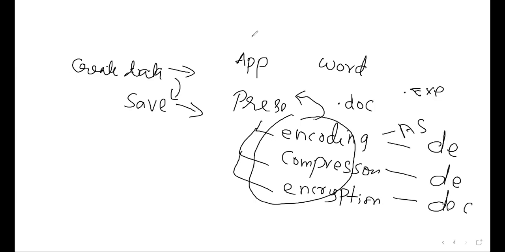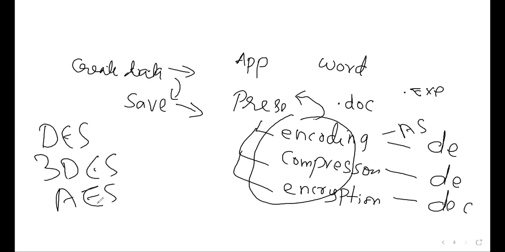So you need to use the same methodology to decrypt the data. Maybe you have already heard about DES, 3DES, AES, SHA, HMAC. These are the encryption protocols, encryption methodologies.